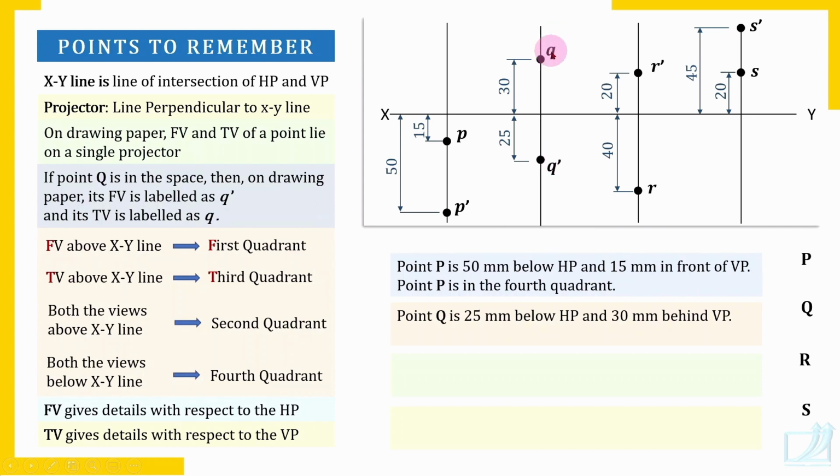So point Q is 30 millimeters behind VP. Also, the top view is above XY line, so we know that point Q is in the 3rd quadrant.